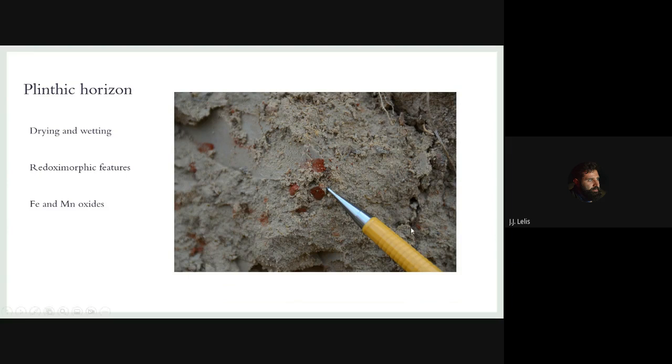So we can see in this photo this gray color and these red dots that are oxymorphic features that express concentration of iron oxides in these spots, and indicate to us that this horizon is periodically influenced by water, by the water table, for example.